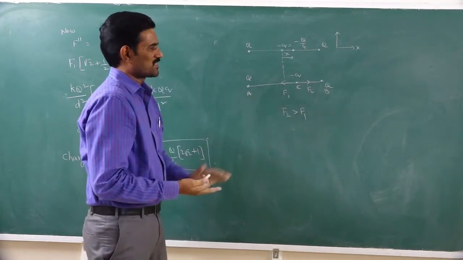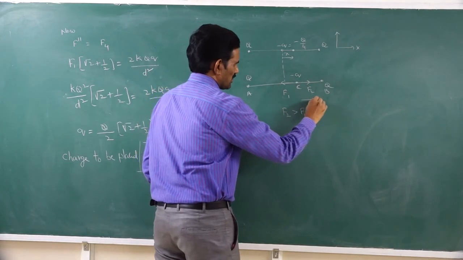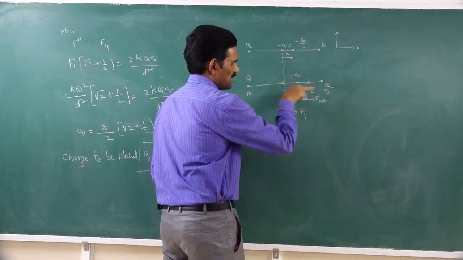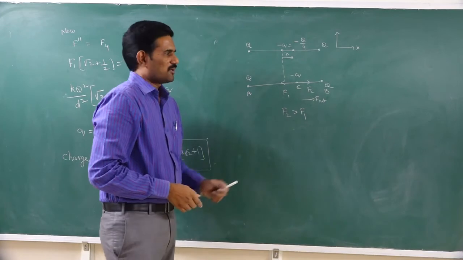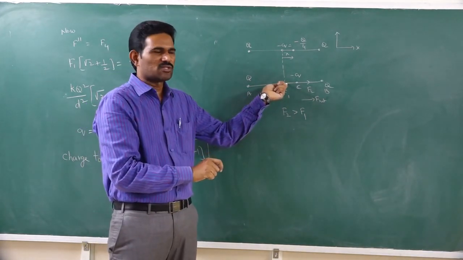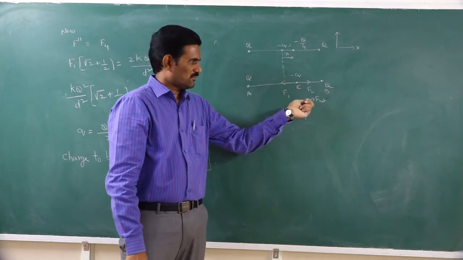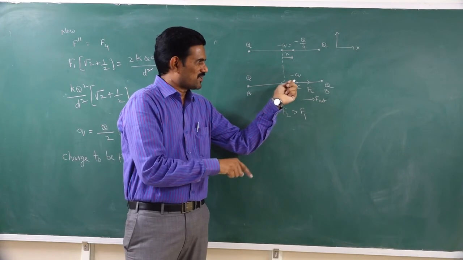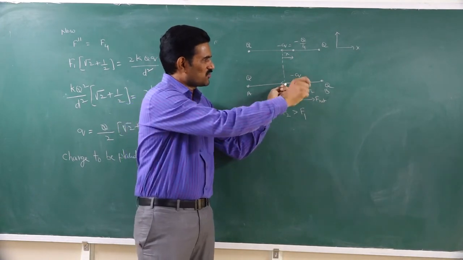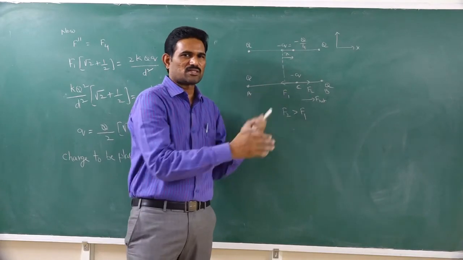F2 being greater than F1 means the net force acting on this object will be along the direction of F2. That means when the particle is displaced along the x-axis from the equilibrium position, the particle will move away from the position, in the direction of displacement. We are displacing it towards the right, and the particle will move towards the right only, along the x-axis only.